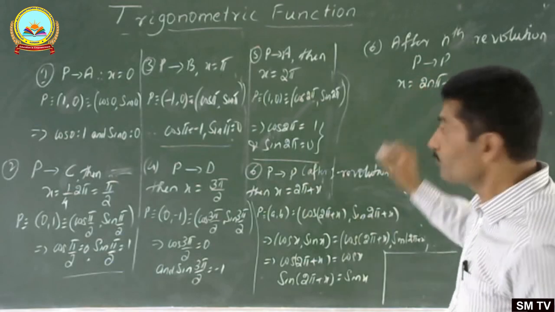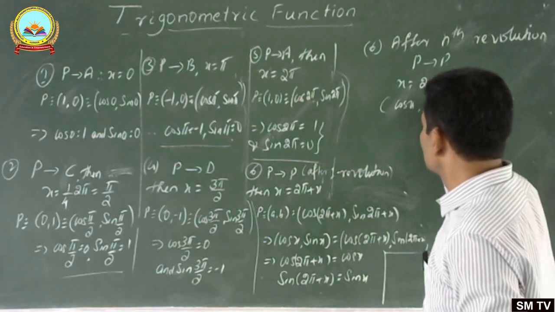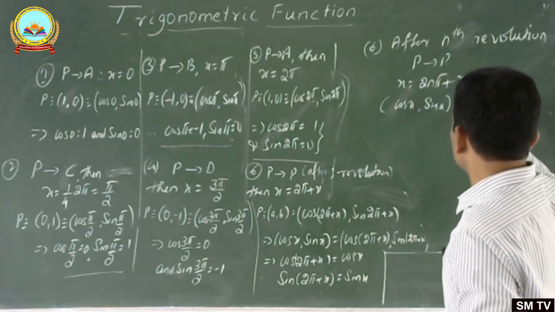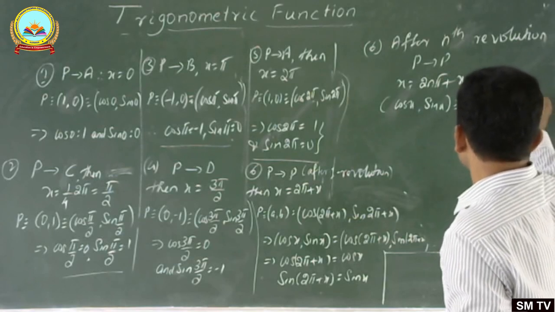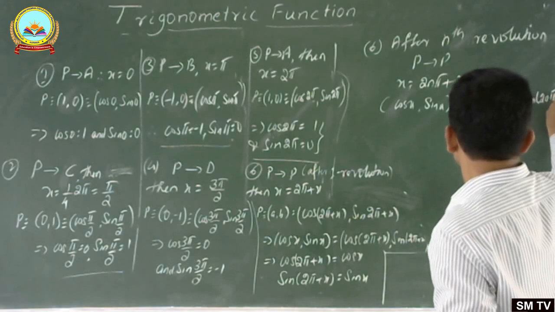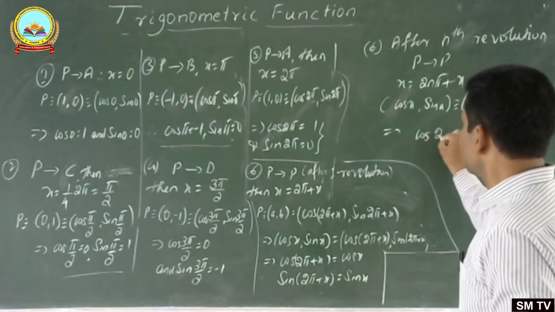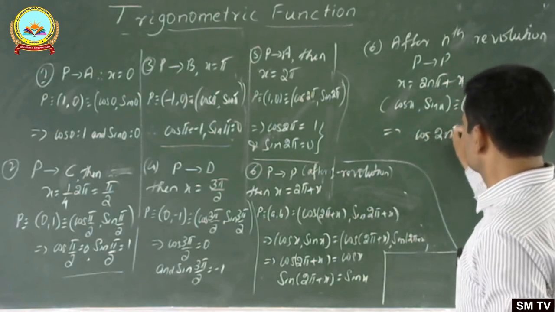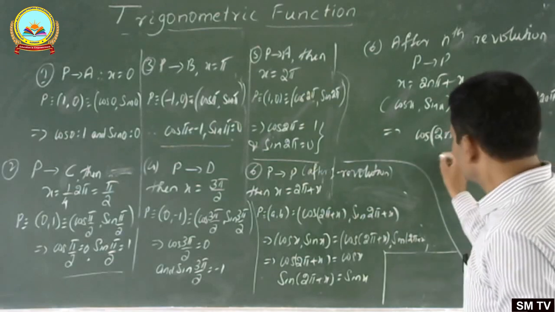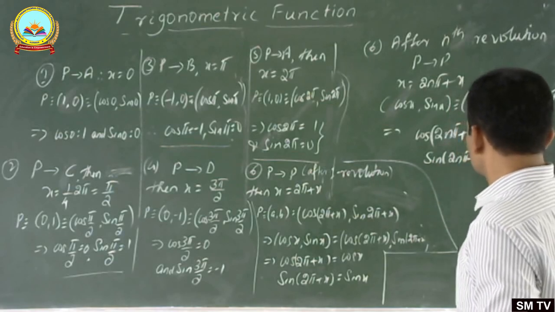Then P has the same values, it means the coordinate of P, cos x comma sin x, is exactly equal to cos of 2n pi plus x comma sin of 2n pi plus x. Therefore, cos of 2n pi plus x is equal to cos x and sin of 2n pi plus x is equal to sin x.